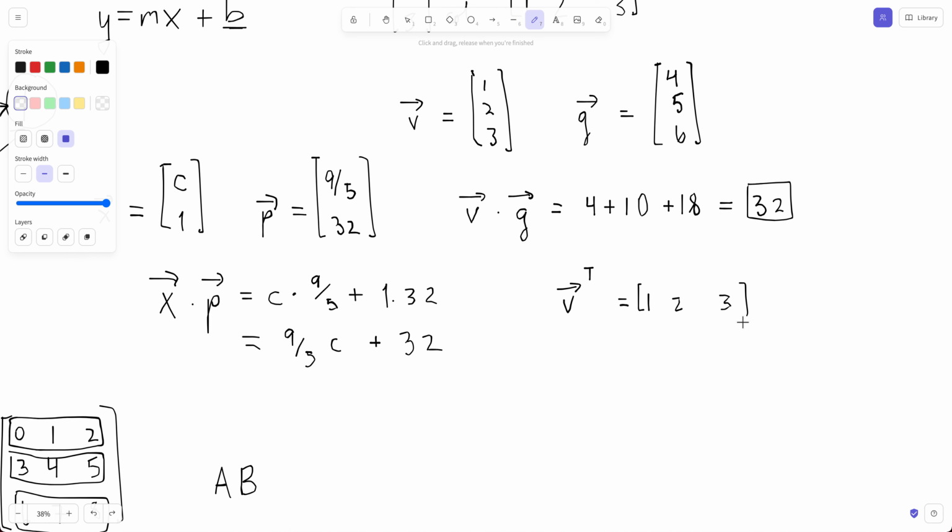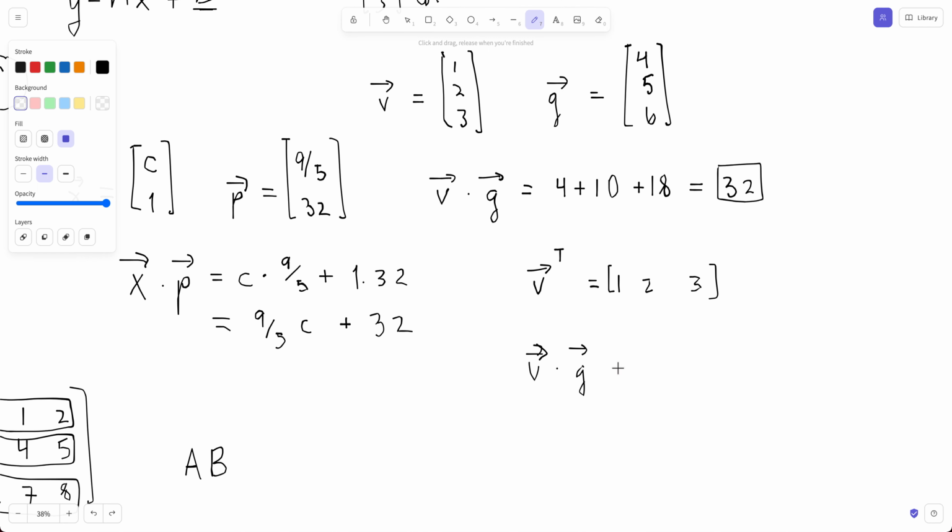And V dot G, another way to represent this, that arrow is not great, hopefully that's a bit better.